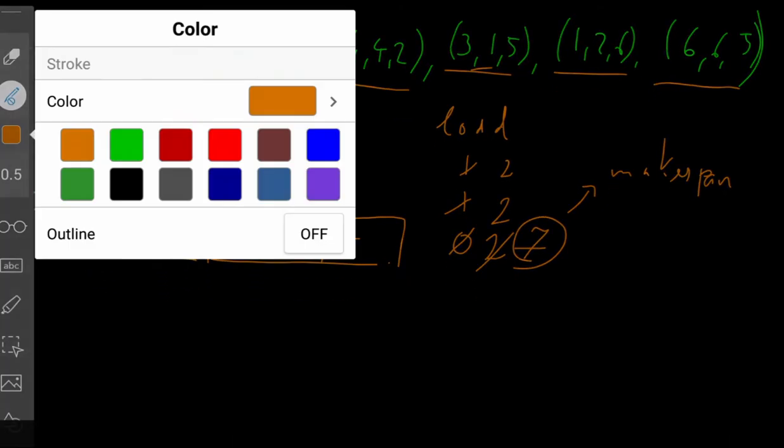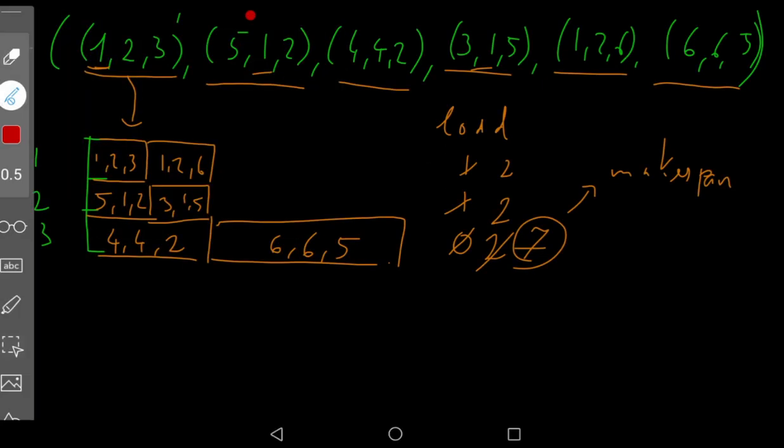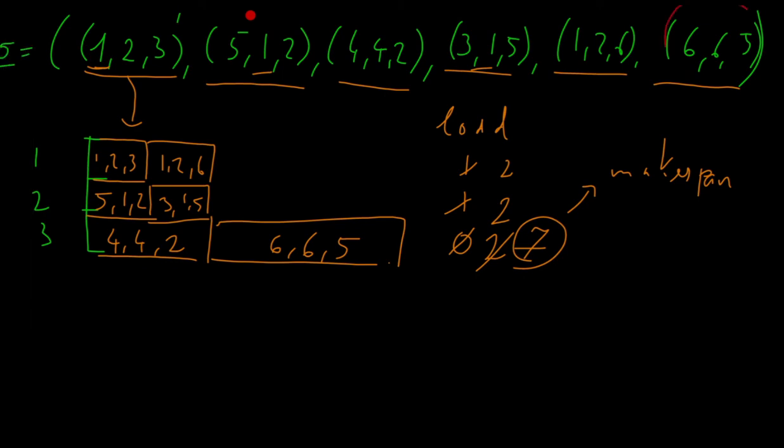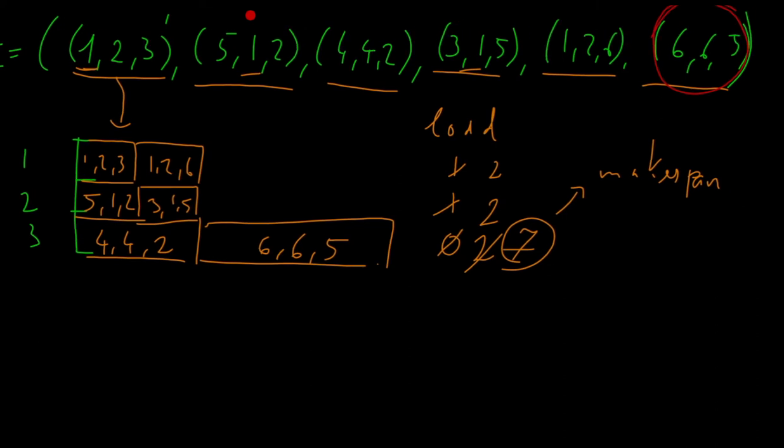so let's try to make a better assignment. For example, here we have this 6, 6, 5 triple. The 6, 6, 5 means that it doesn't matter where I put this job, it will cost at least 5.